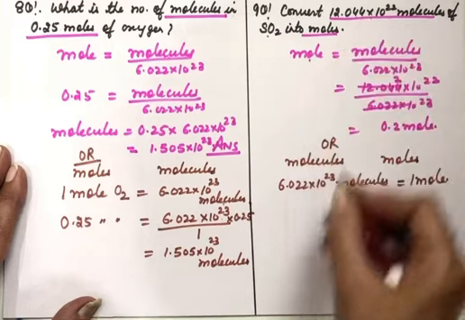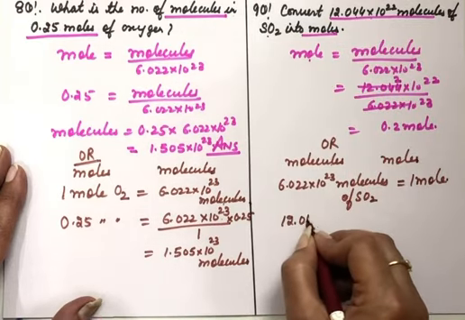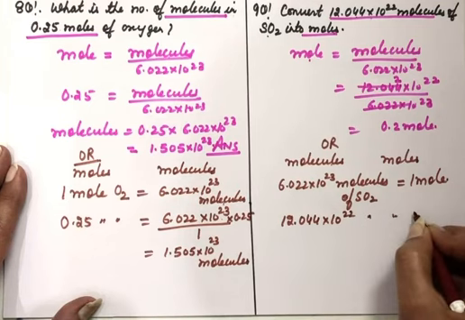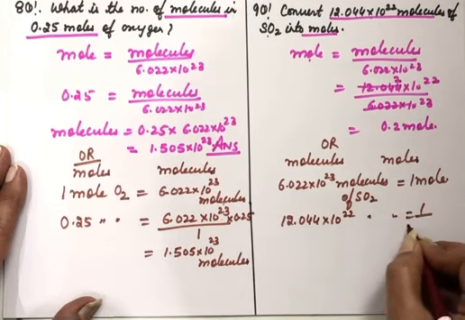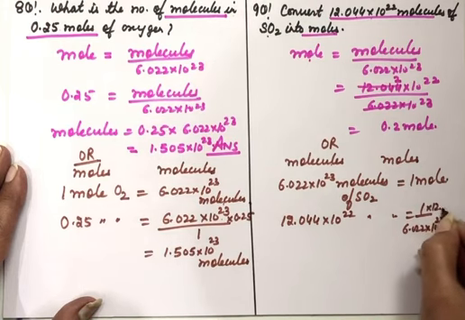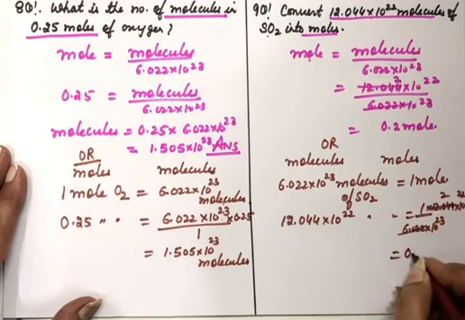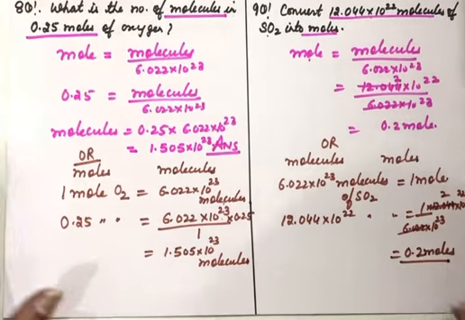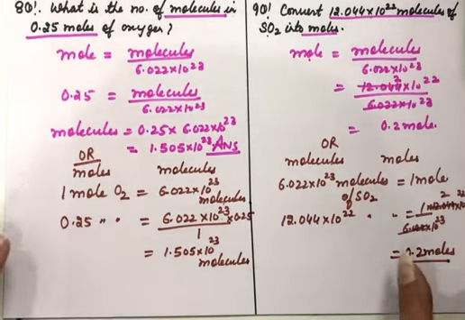And if we take 12.044 into 10 raised to power 22 molecules of SO2, these are equal to 1 upon 6.022 into 10 raised to power 23, into 12.044 into 10 raised to power 22. This will be equal to 0.2 moles. This will be our answer for the 9th question.